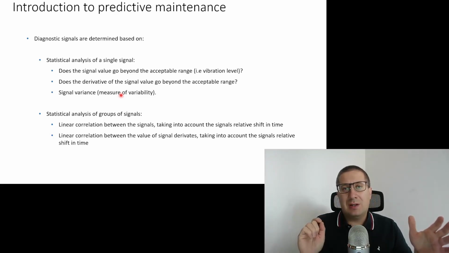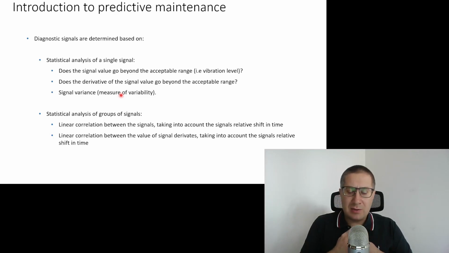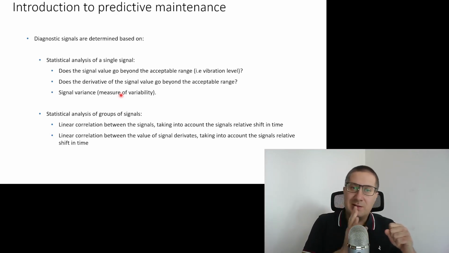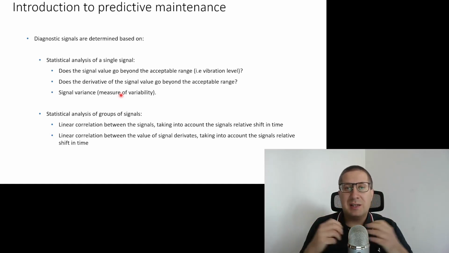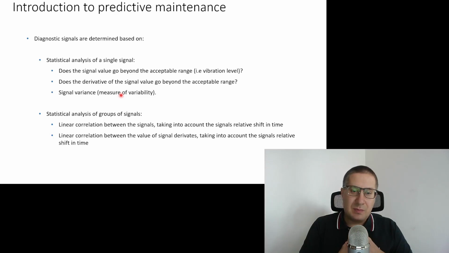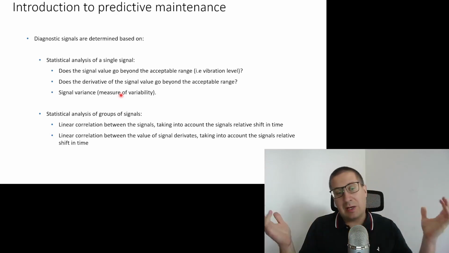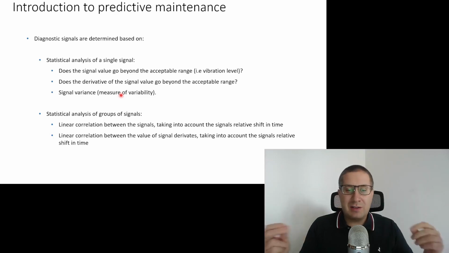So while calculating such correlations, we should take into account shifting signals in time. We should capture this dynamic. We can calculate the linear correlation between derivatives of signals, etc.